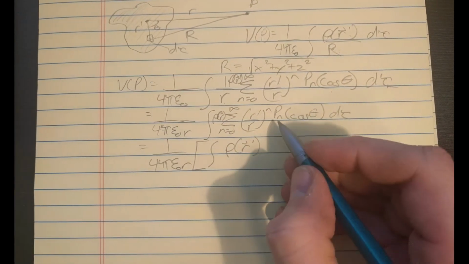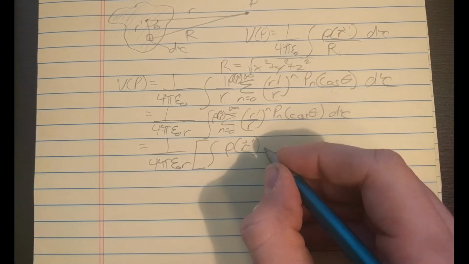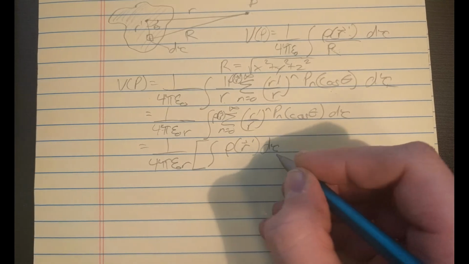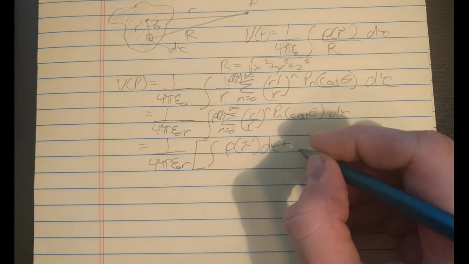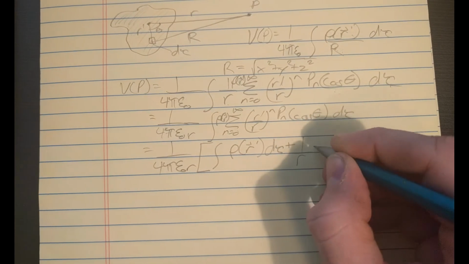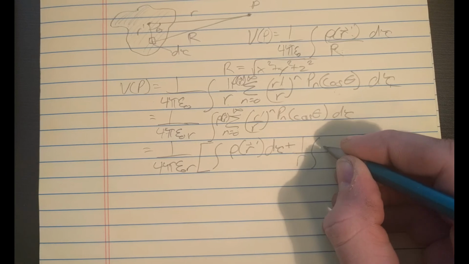Now our 0th Legendre polynomial is just 1. So we're going to leave that there. Our first Legendre polynomial is just cosine theta. We found that out basically a couple pages ago.